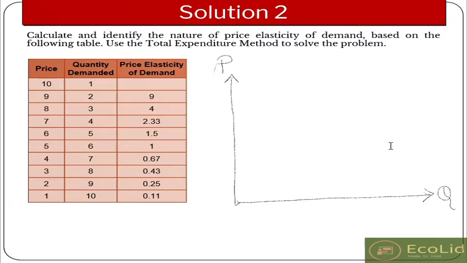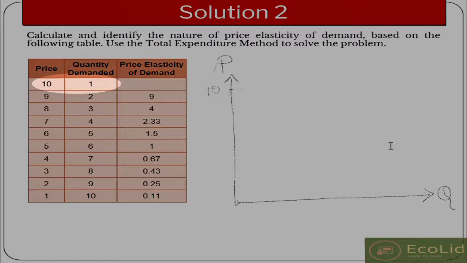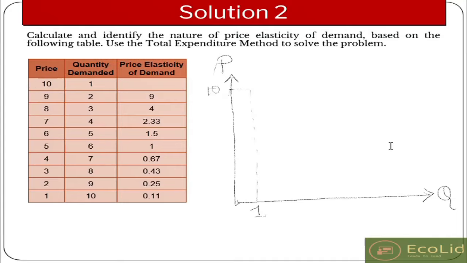And the demand curve, since here we are not taking the exact measure, we are roughly drawing the demand curve, but just we are putting the value of the price and the quantity. So here it is 10. When the price is 10, the consumer is consuming 1 unit of the commodity, so it is 1. So like that, if we plot the values, let us name the points.